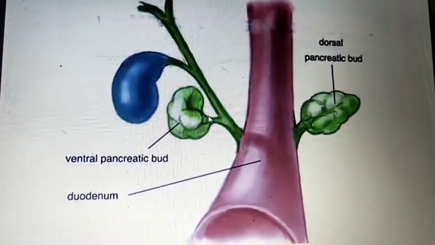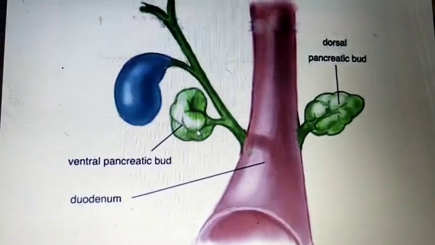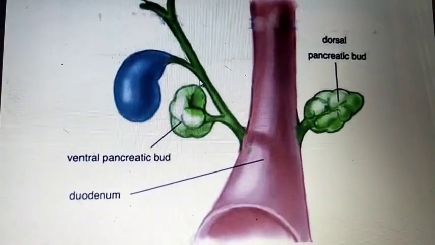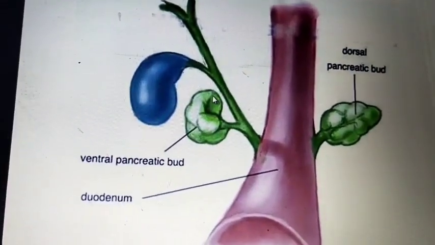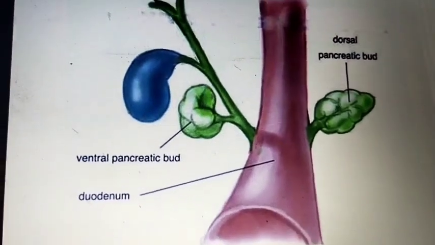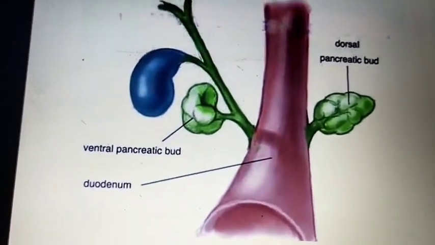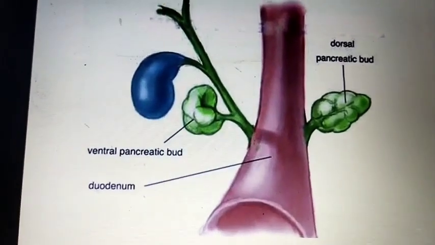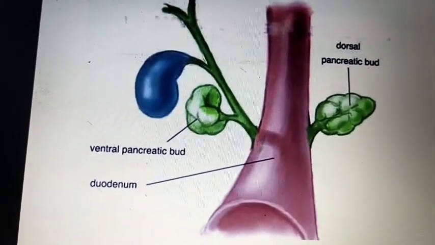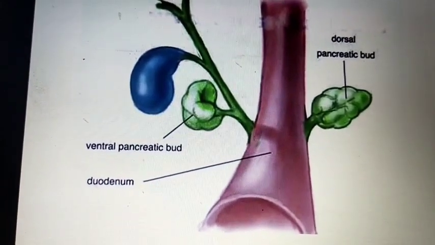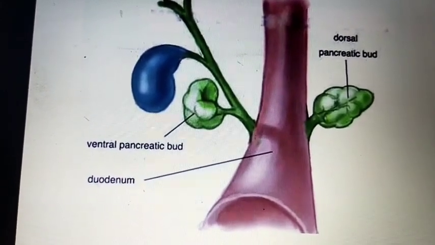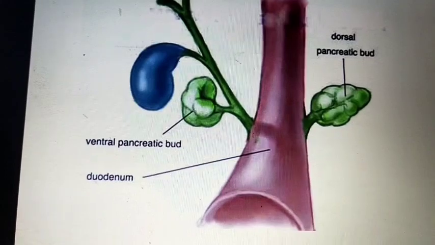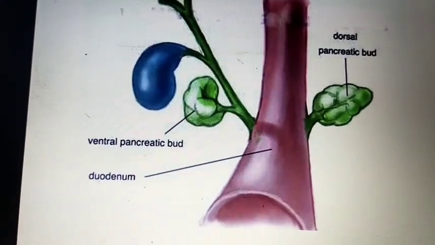There is another bud, the ventral pancreatic bud. During the rotation of the duodenum, this ventral bud moves toward the dorsal side and forms the pancreas. In the fourth week, two buds can be recognized in the hepatic diverticulum.